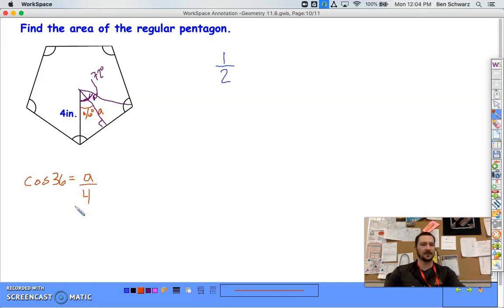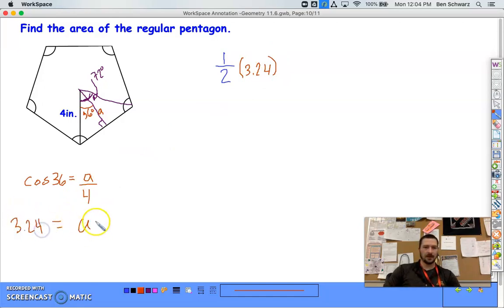So we do 4 times cosine 36, and we get our apothem at about 3.24. So let's put that here. I'll write it down here too, so people aren't confused.